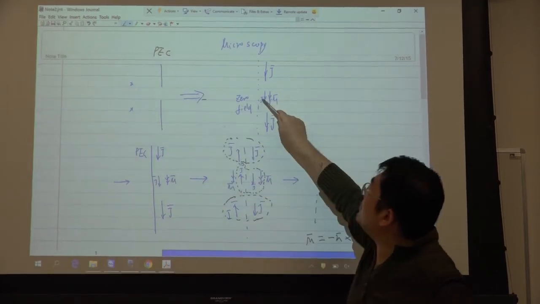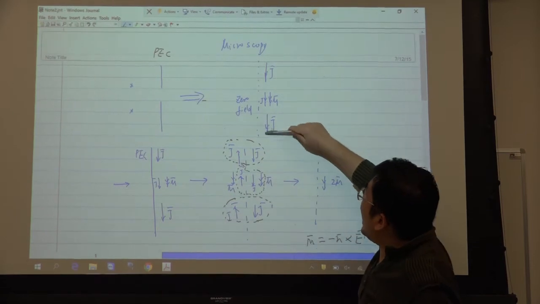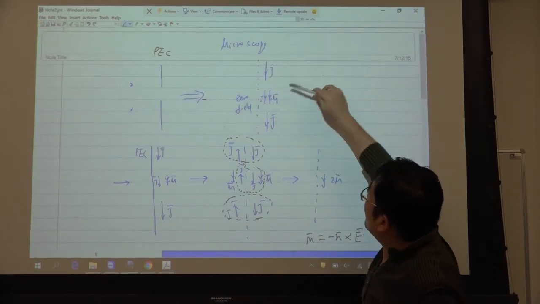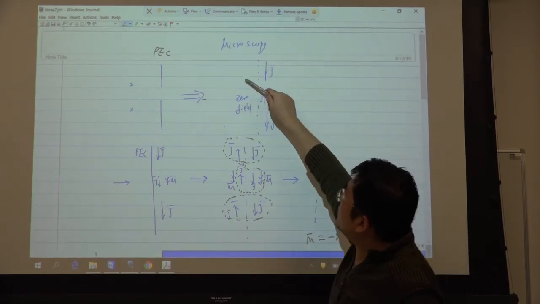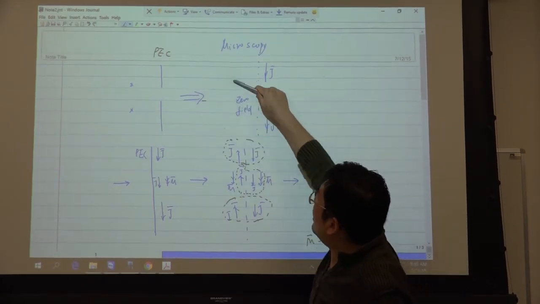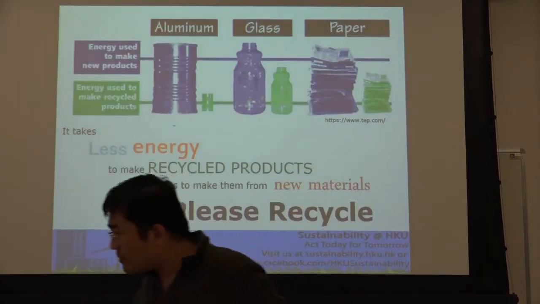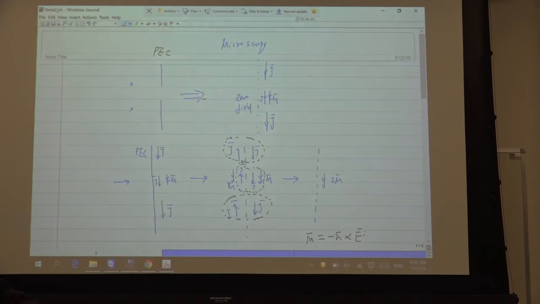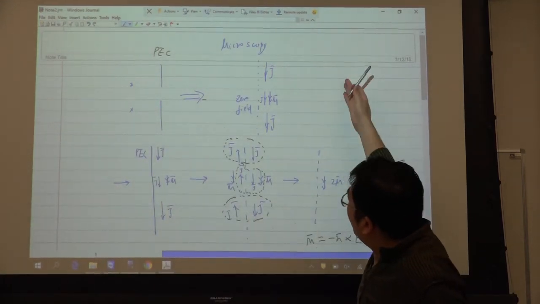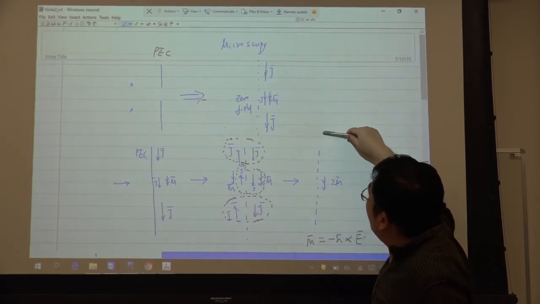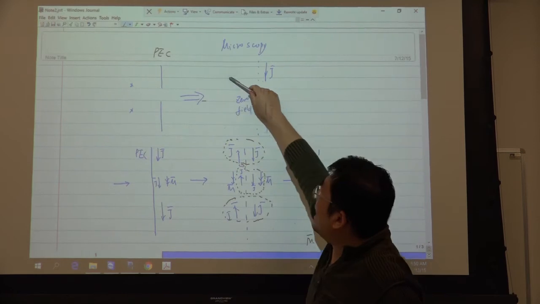All the equivalent currents produce the correct field in front of this screen, but produce a zero field behind the screen.